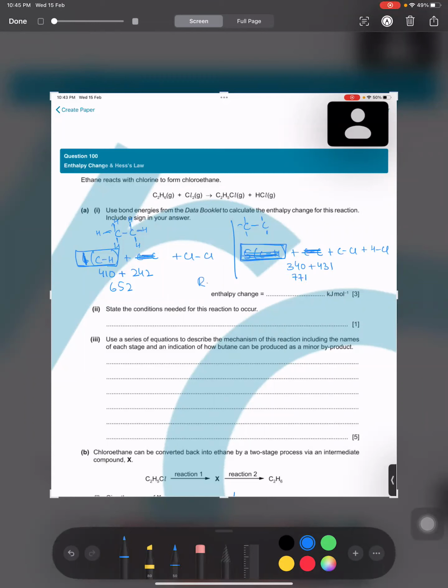Then I told you to subtract product from reactant, so it would be 771 minus 652 and it would be I think 119, right बच्चों. ऐसी आया आपके पास.